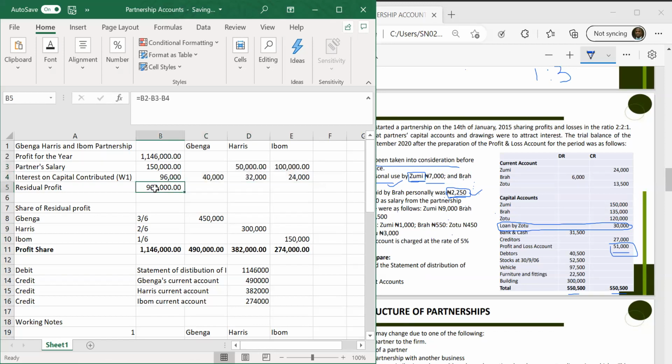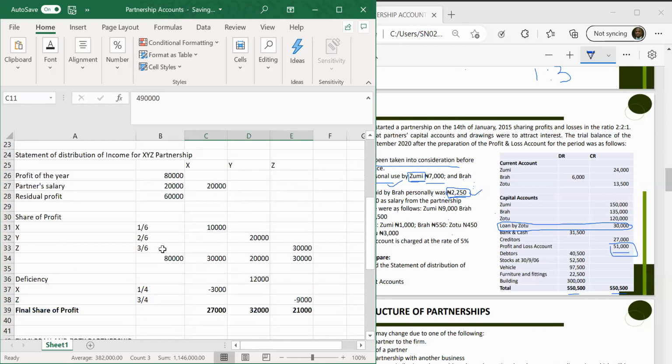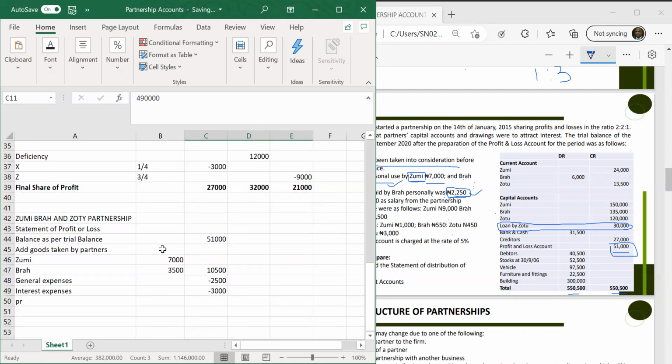And it is now the residual profit that we will distribute. So the profit for the year will still be the profit for the year, and it's only the sharing formula that it affects. Do you understand? So all the other things that you will normally do in your normal accounting, you will still do here.